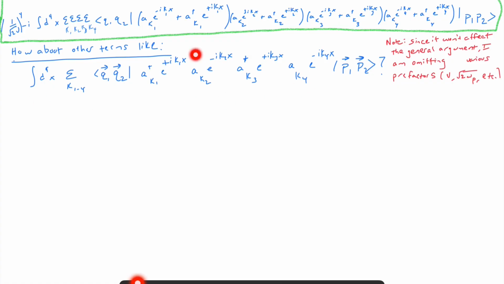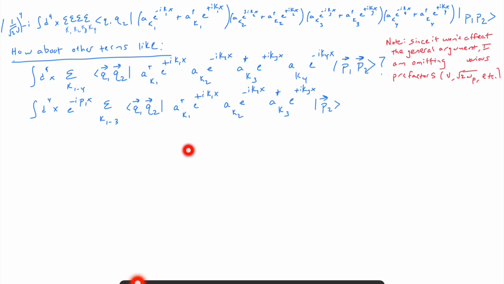So let's look at that here. I'm going to go a little bit fast just to give you the general gist of this. And I'm also not going to worry too much about some of these other prefactors, just to give you the gist of what happens here. In other words, you have two A daggers, but they're not A dagger, A dagger, A, A. This one's A dagger, A, A dagger, A.